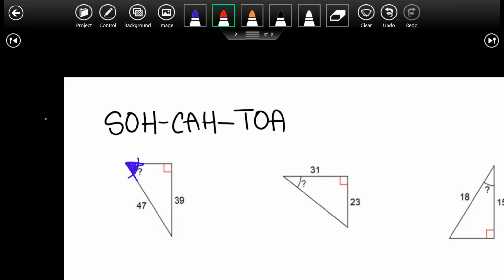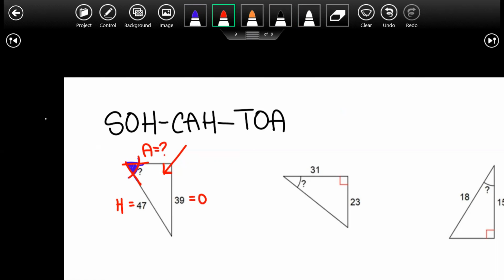The right angle here makes this arrow. The arrow will always point towards the hypotenuse. The side the angle does not touch, so it touches this bottom side and this top side, the side the angle does not touch will always be your opposite. That means we have an adjacent with nothing, question mark.